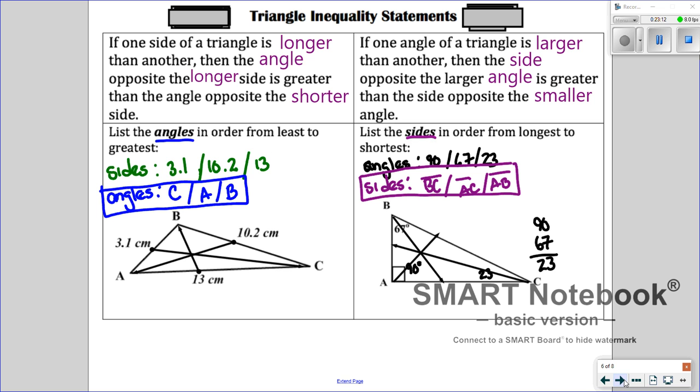And the triangle inequality statement is telling you that if they give you a triangle with all the sides, the angle opposite that side will determine if that angle is small or big. And if they give you a triangle with all the angles, the side opposite that angle will determine if that side will be short or long. So that's the triangle inequality statement.